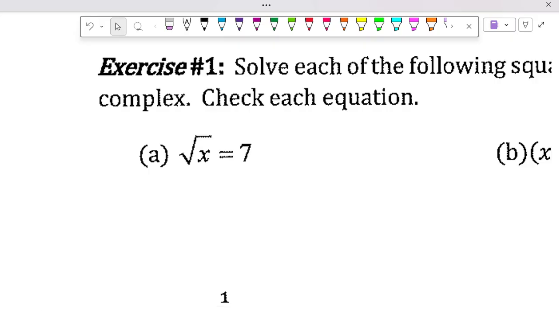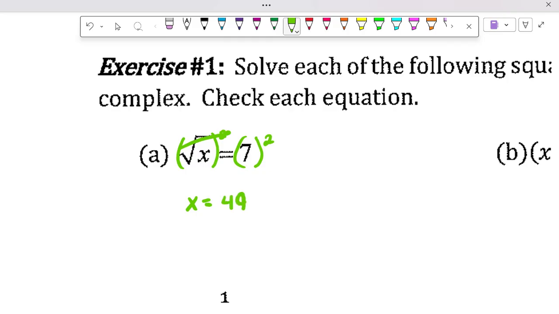So I need to get the x by itself. So what do you think I'm going to do to get rid of that square root over the x? Square both sides. So I'm going to square the square root and square the 7. What happens to the square and the square root? They cancel out. So I get x is equal to what? 49.